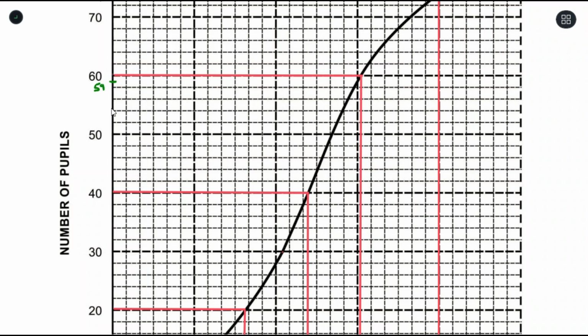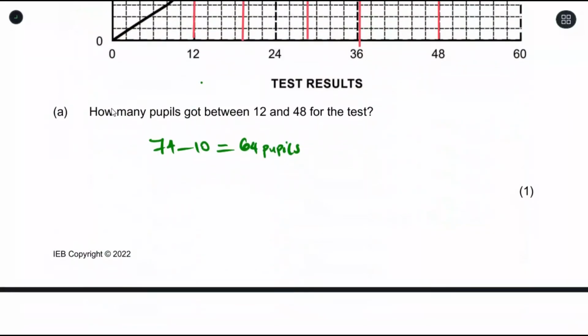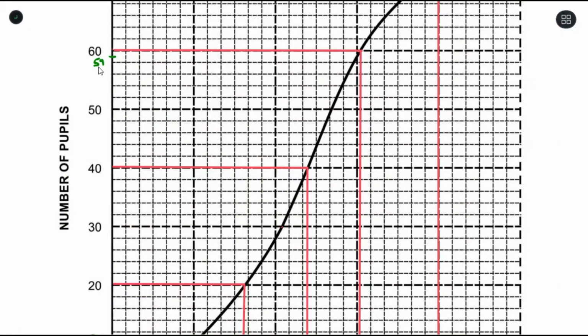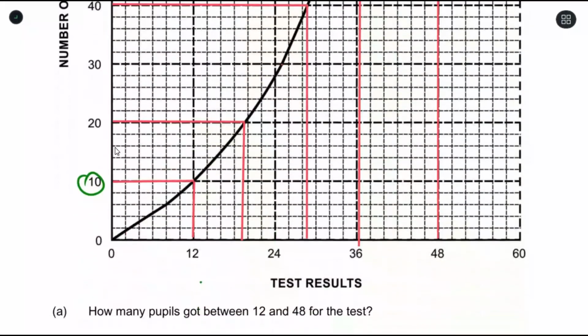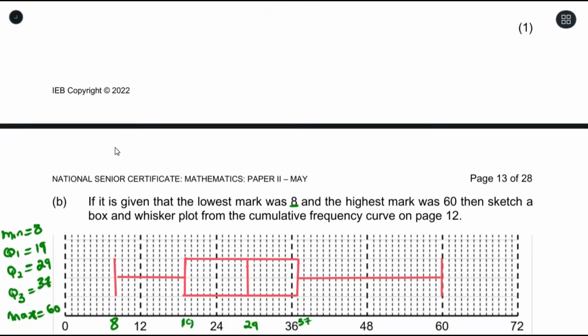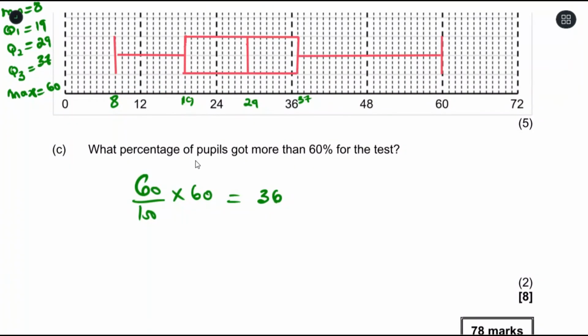So 59 and above, from 59 to 80, are the students that got above the 60% mark. The answer is 80 minus 59, over the total number of students, times 100%.